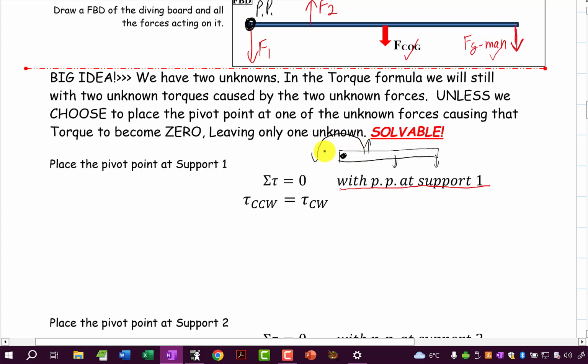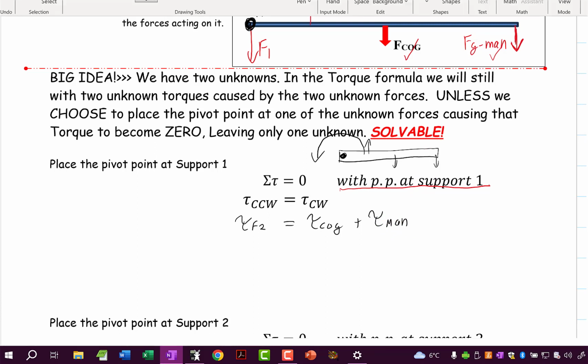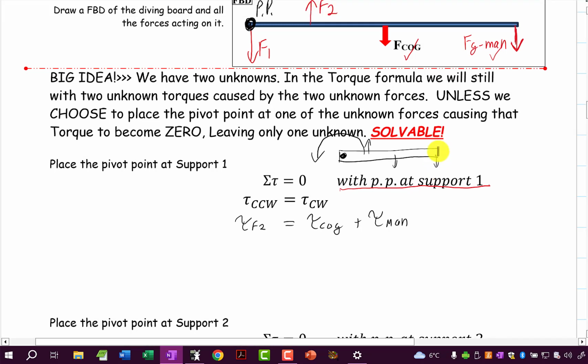That is the only one causing it to go counterclockwise. So the torque of force number 2 has to equal the torque caused by the center of gravity plus the torque of the man. The torque of the man is down, and the torque of the center of gravity is down, and the torque of F2 is up, if you want to look at it that way.